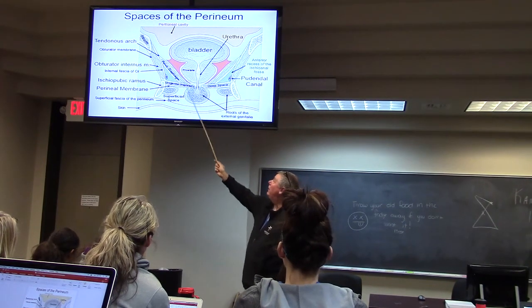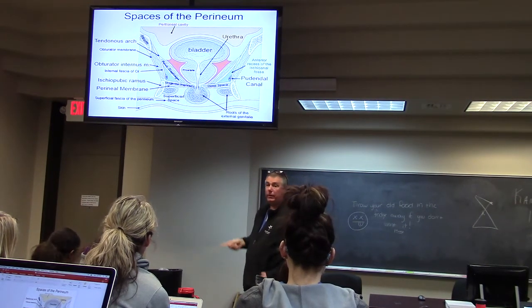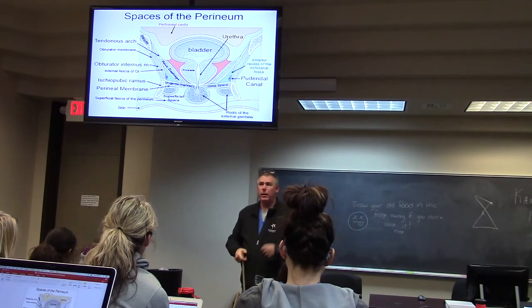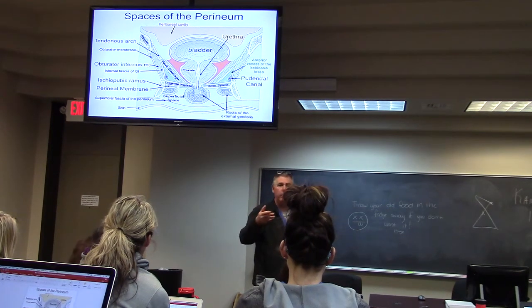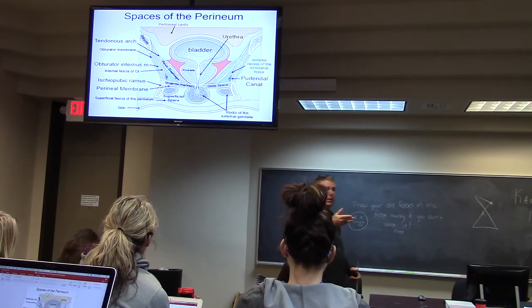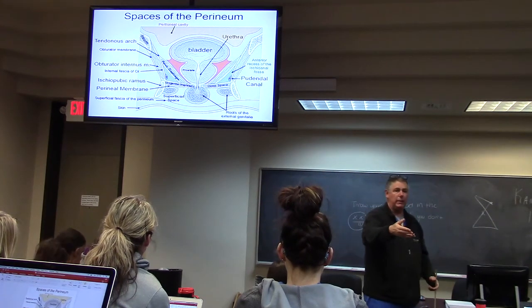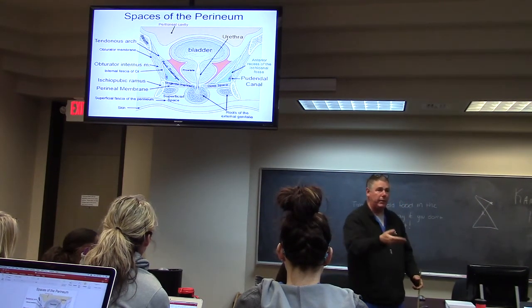Remember, the prostate is going to sit right on top of it, because you found, who was it yesterday, found the prostate from above, right? One of the guys. The seminal vesicles, that was you guys. Yeah, the seminal vesicles were draining into the prostate.